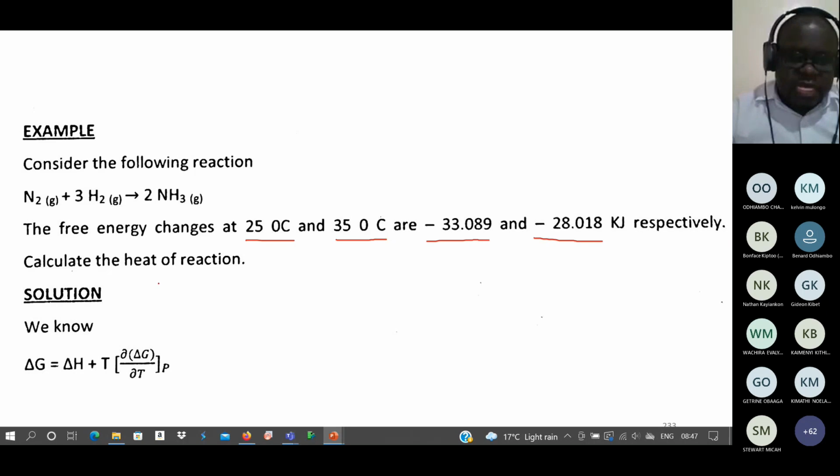Calculate the heat of reaction. So here you're supposed to calculate delta H. Now we know this expression: delta G is given by delta H plus T times the change in delta G with temperature at constant P.